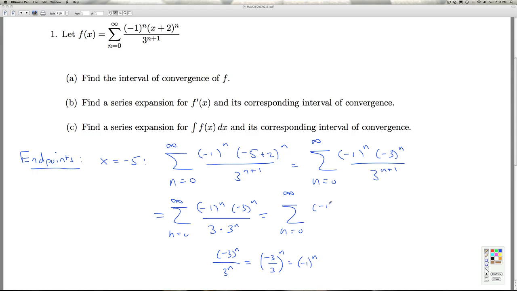So that gives me a negative 1 to the n times another negative 1 to the n over 3. And now that I have the same exponent here, negative 1 to the n times negative 1 to the n is, well, negative 1 times negative 1 to the n, which is 1 to the n, which is 1.